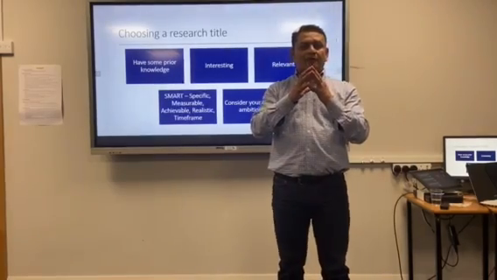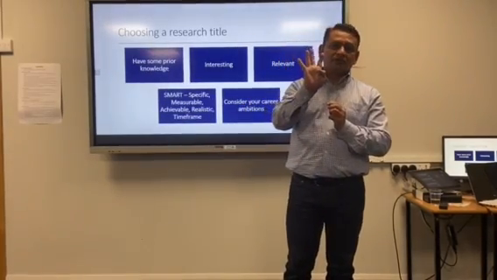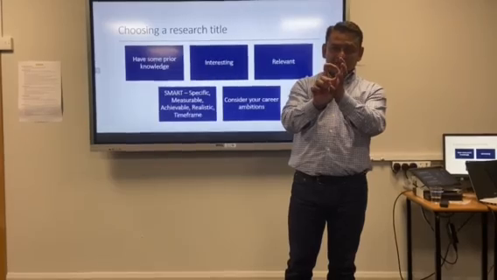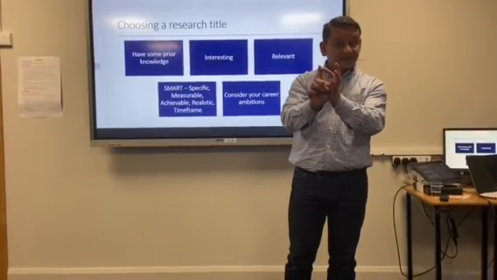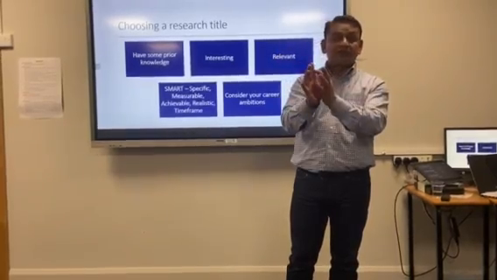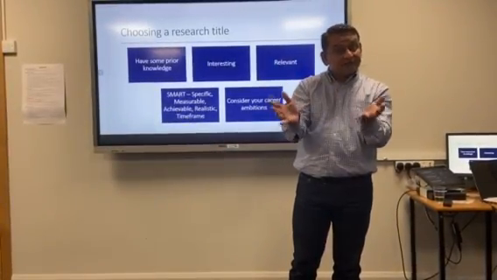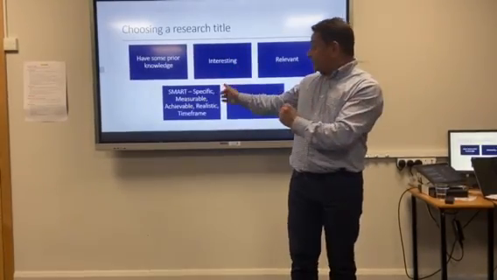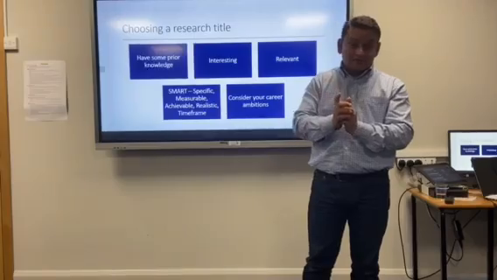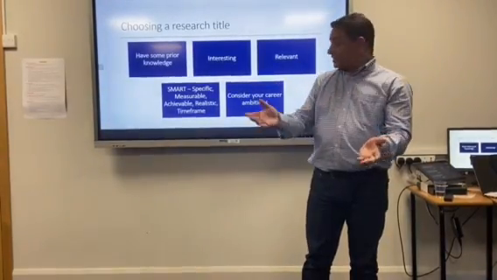When you choose a research topic, just follow the SMART rule. The SMART rule is S, specific. Make sure the topic is specific, not too general. Measurable: you can measure it. You can do it. Achievable: you can achieve it.